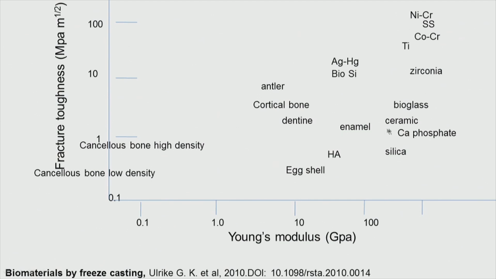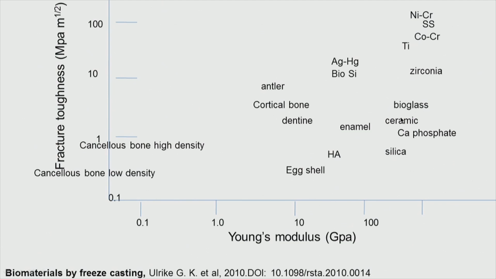So, some of the inorganic materials are coming here, some of the bone and dental parts are coming here, and the metals are coming here. They have very high fracture toughness, and very high Young's modulus. If you take inorganic materials like bioglass and ceramic, they have very high Young's modulus, but their fracture toughness is quite low, as you can see here.